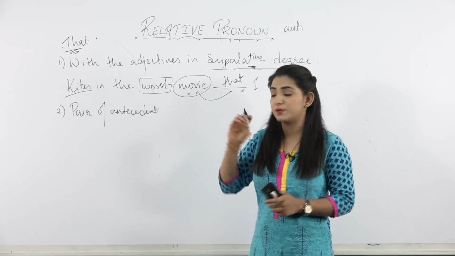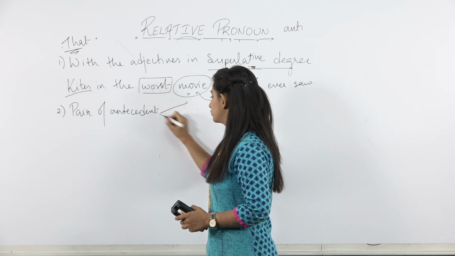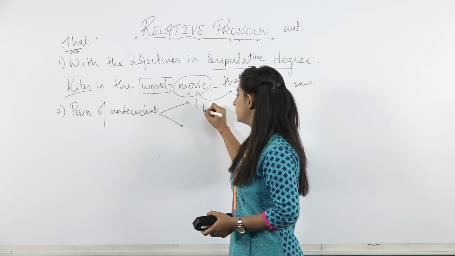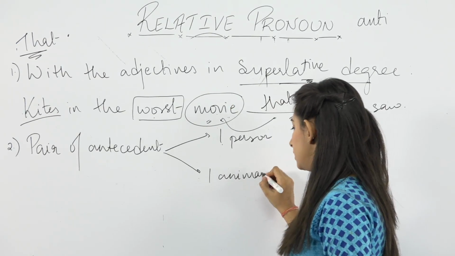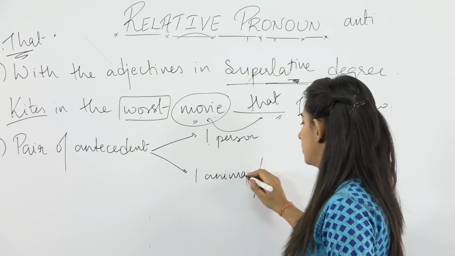Where will you use pair of antecedent? Now whenever we talk about pair, one should be a person and the other should be an animal or a thing.